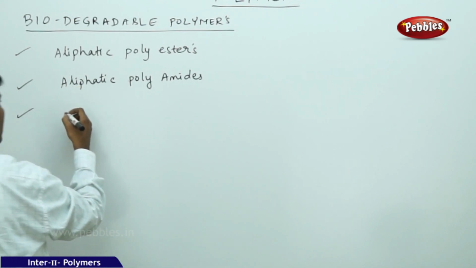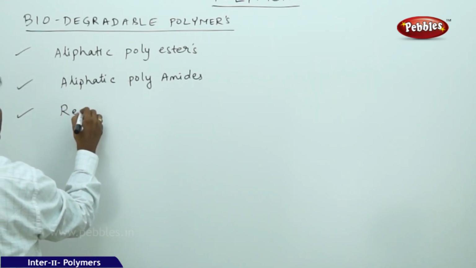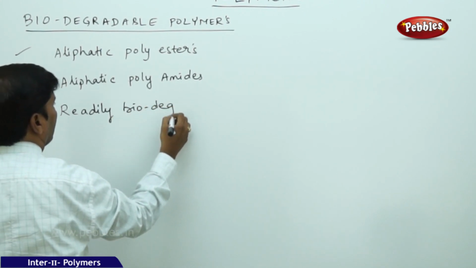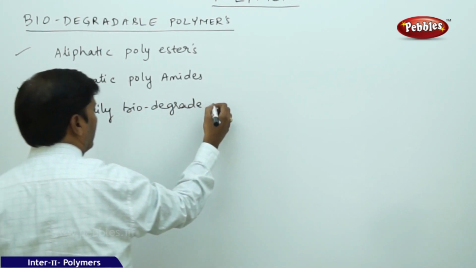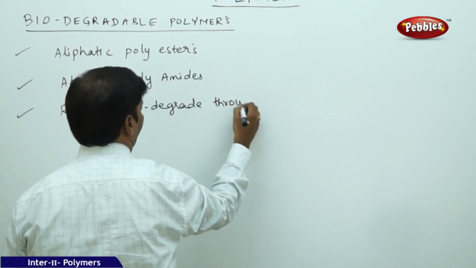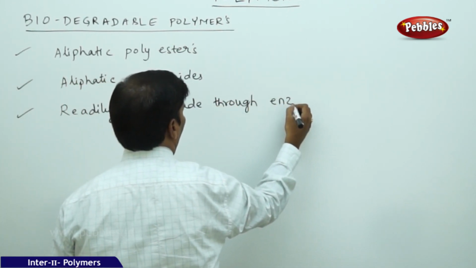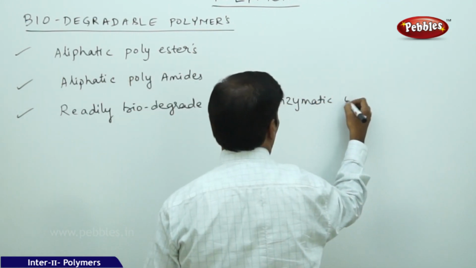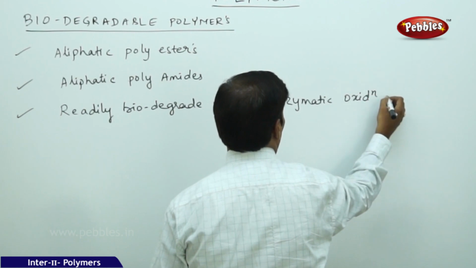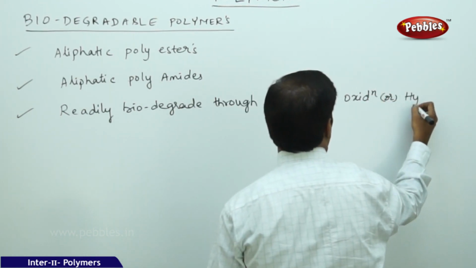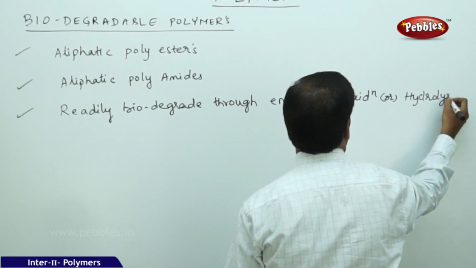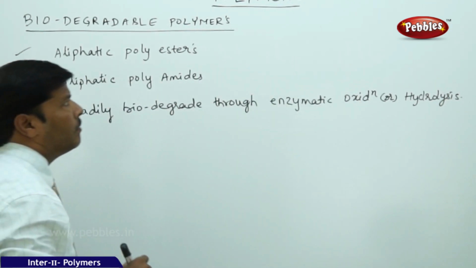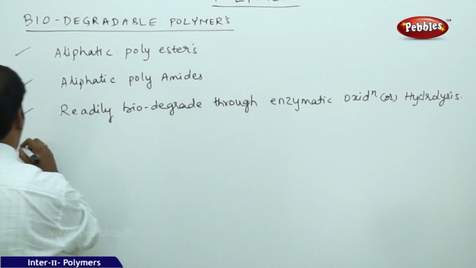These biodegradable polymers readily biodegrade through enzymatic oxidation or hydrolysis. Enzymatic oxidation or hydrolysis.